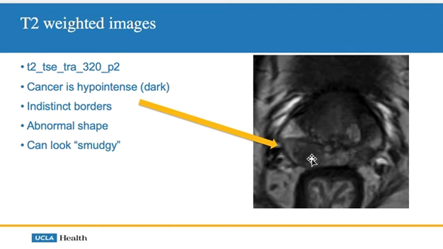They'll be poorly demarcated. They'll be hypointense or dark. They can look smudgy, or I've also heard it described that they almost look like a thumbprint on the peripheral zone. So this is an area of biopsy-proven cancer that ended up being a high-grade cancer in this patient's peripheral zone.